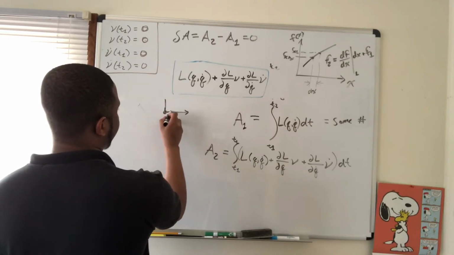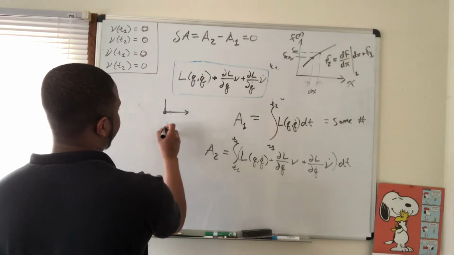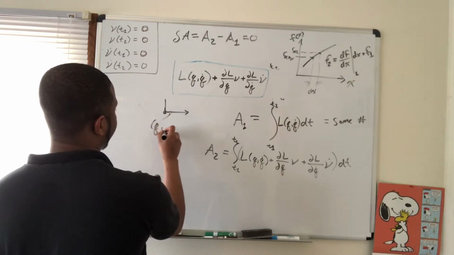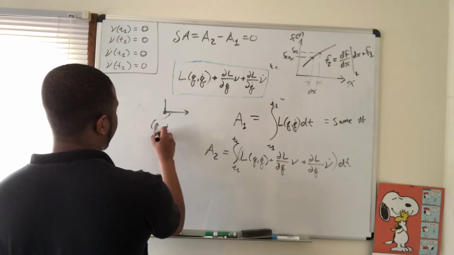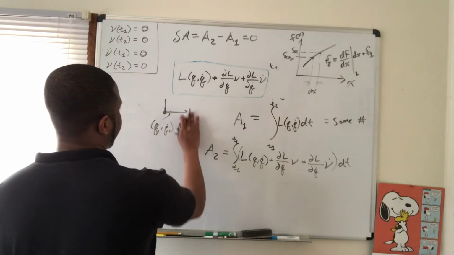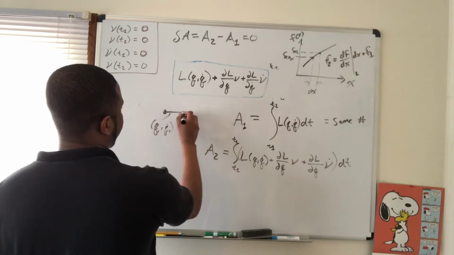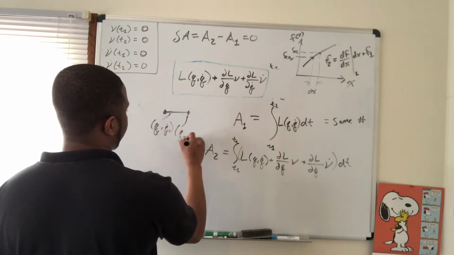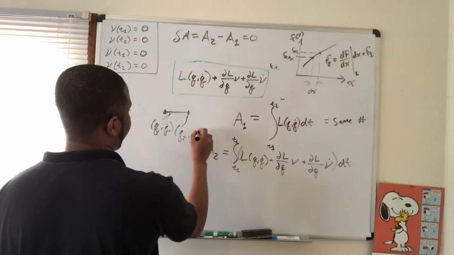So maybe it starts here at time 1, has some velocity here. Q is going to be the position, and Q dot is going to be the velocity. And then at this point, it's going to be Q2 and Q2 dot.